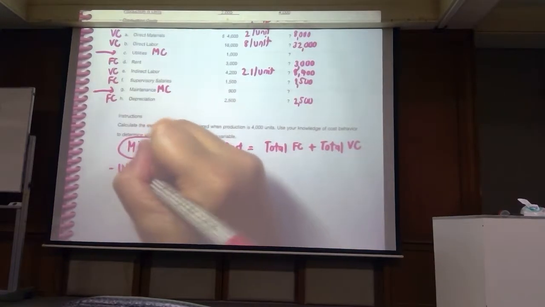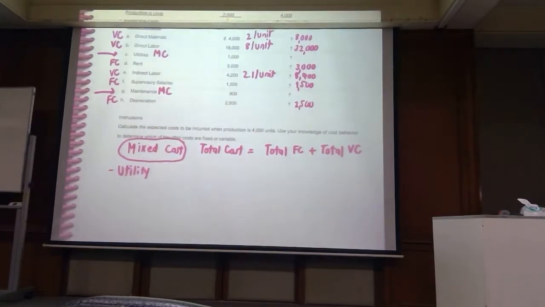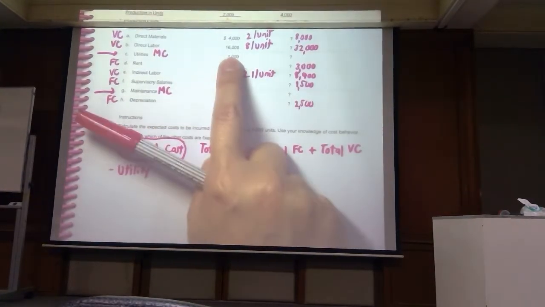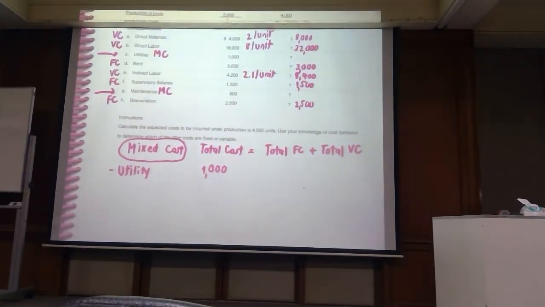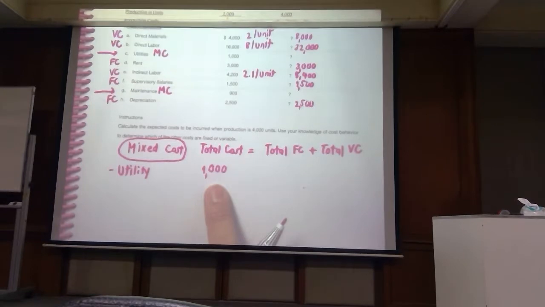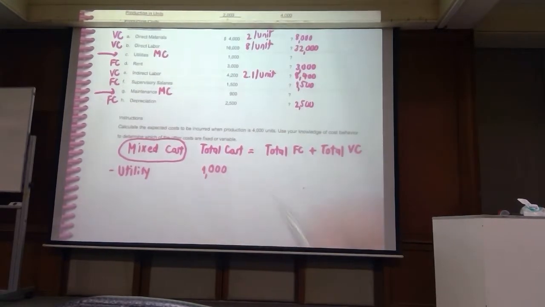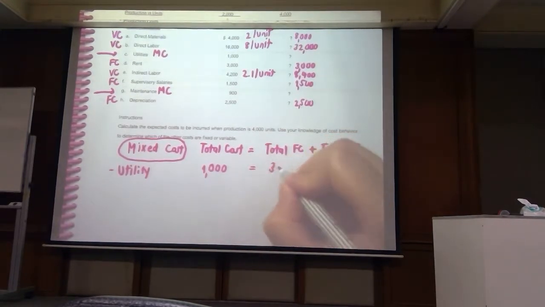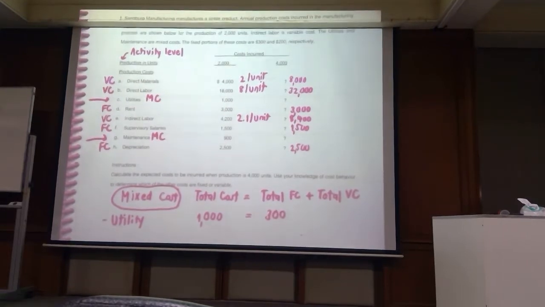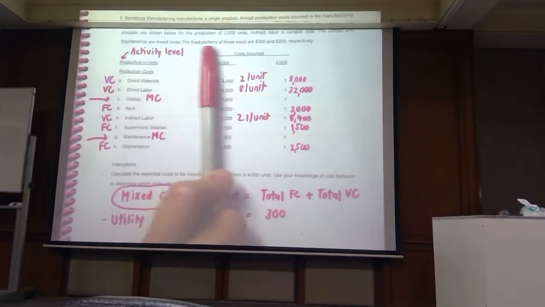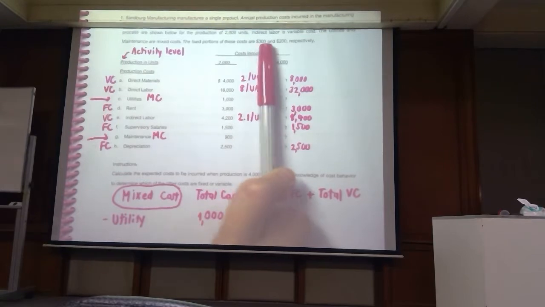First, let's talk about utilities. We know that the utility total cost equals 1,000, right? And the question gives you information that the fixed portion of utilities equals 300. Okay, this one is given. Let me go back to the question a bit. See, the fixed portion of these costs is 300, it is given.